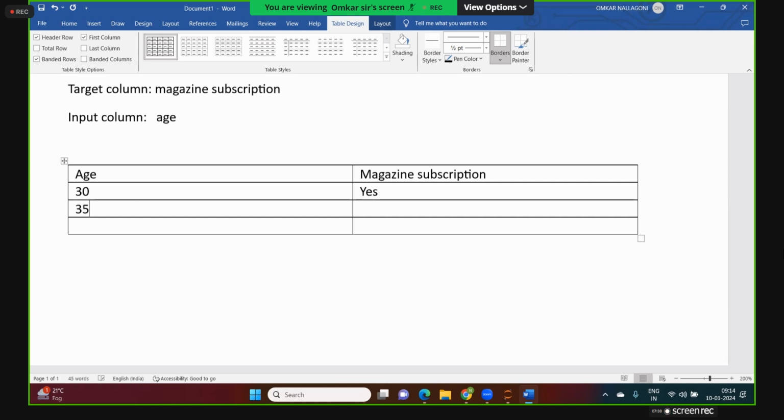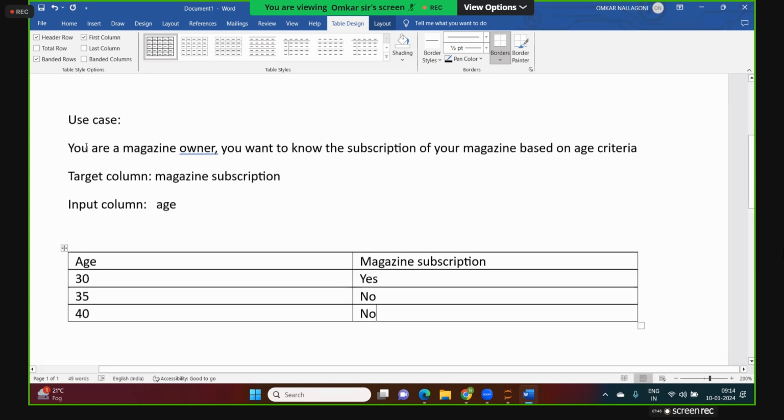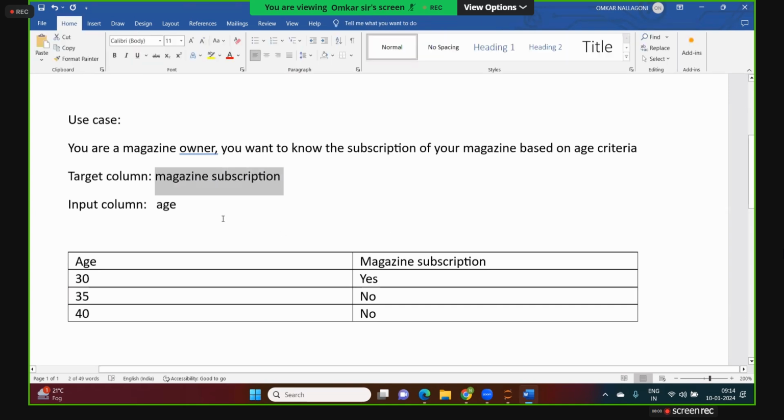And age 35, the answer is no. And age 40, the answer is no. This is your question. You are a magazine owner. You want to know the subscription of your magazine based on age criteria. So here the target column is magazine subscription, and the input column is age.